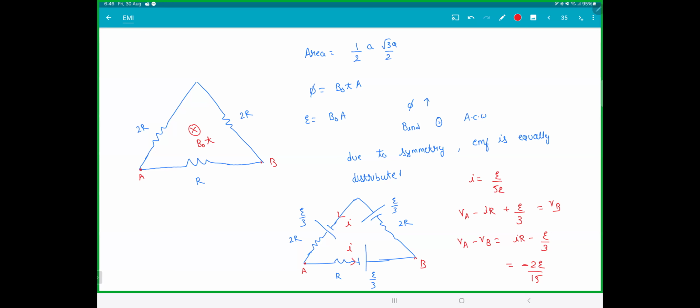So this is another good model, the distribution of EMF. And be careful with the directions. Once you get the EMF, it becomes a current electricity equation. Next one, turn the page.